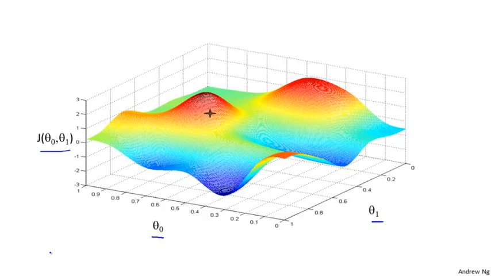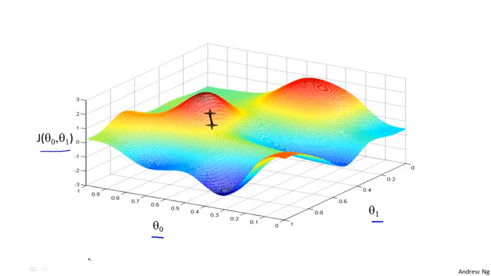In gradient descent, what we're going to do is spin 360 degrees around, look all around us and ask, if I were to take a little baby step in some direction, and I want to go downhill as quickly as possible, what direction do I take that little baby step in? If I want to physically walk down this hill as rapidly as possible? Turns out that if you're standing at that point on the hill, you look all around, you find that the best direction to take a little step downhill is roughly that direction.